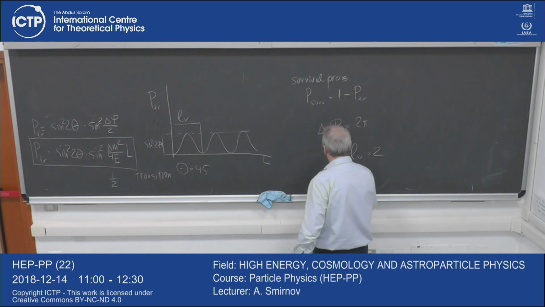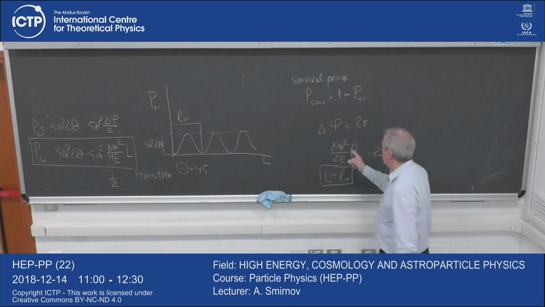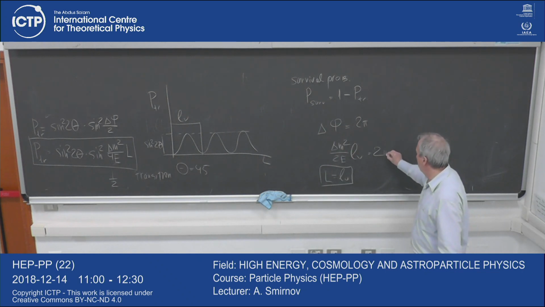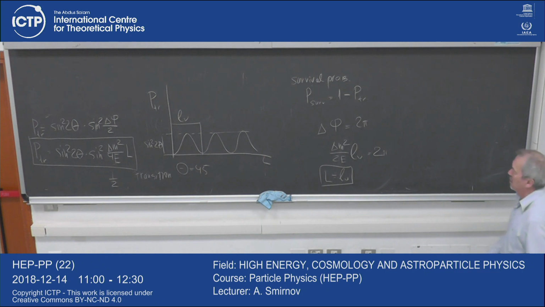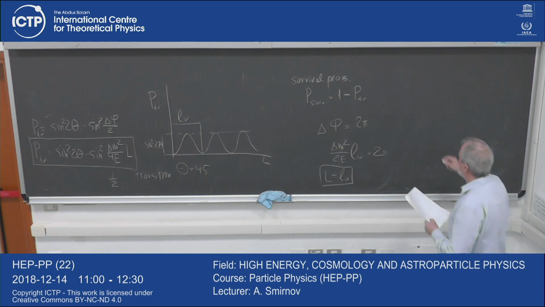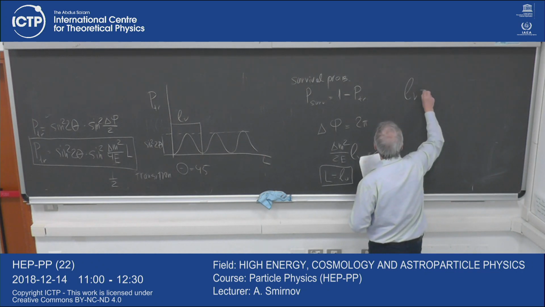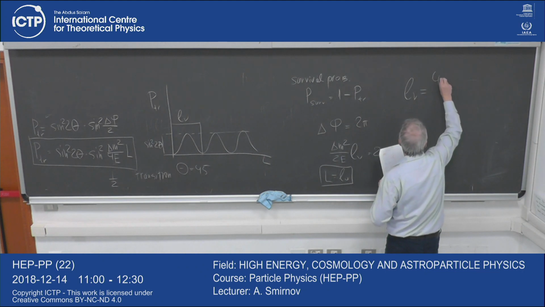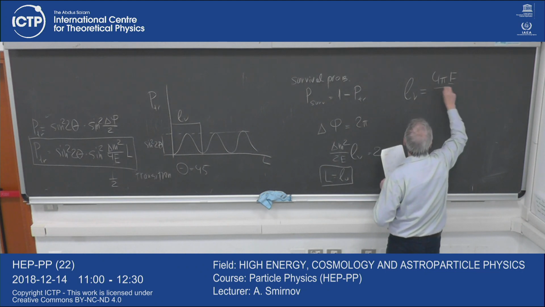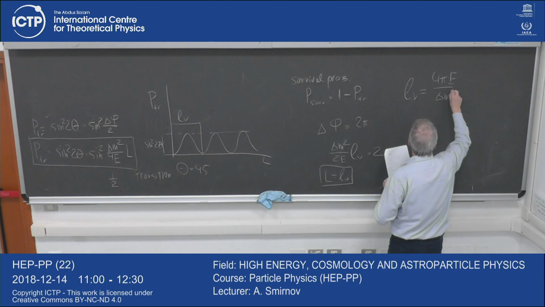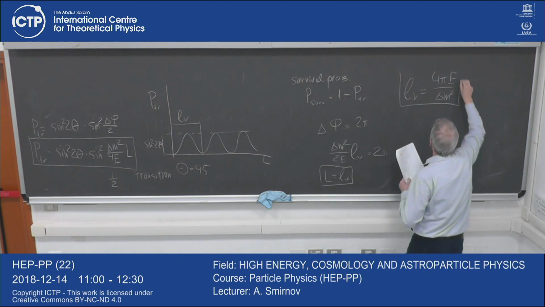So L equals L nu, the distance at which the phase is 2 pi. This is what we call the oscillation length. From here we find that the oscillation length is given by 4 pi energy over delta m squared. So this is the expression for oscillation length.